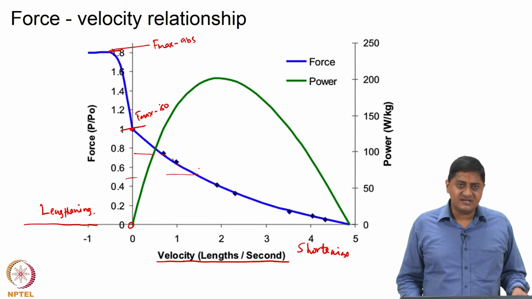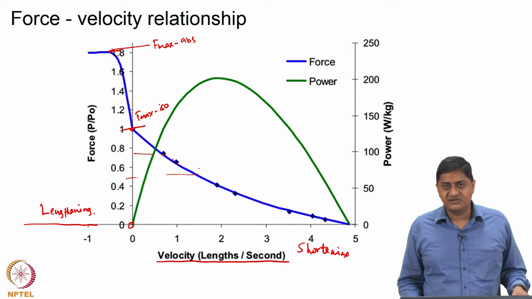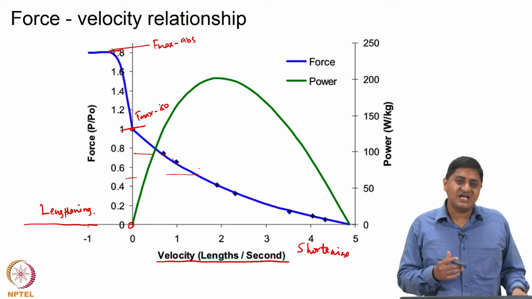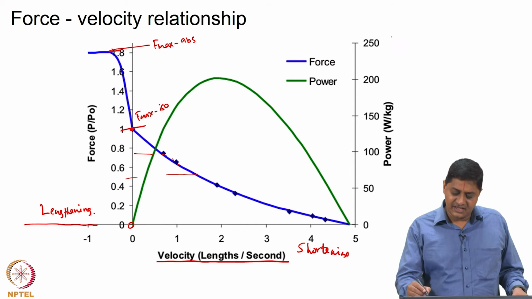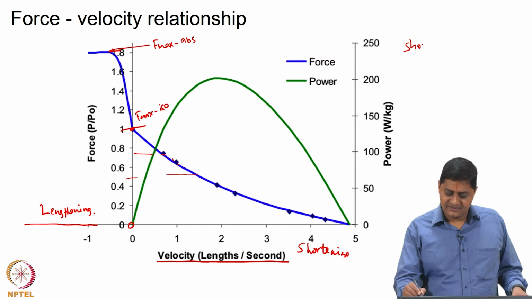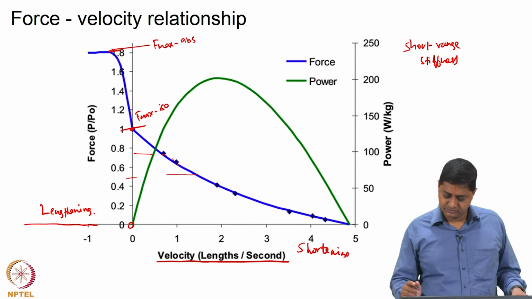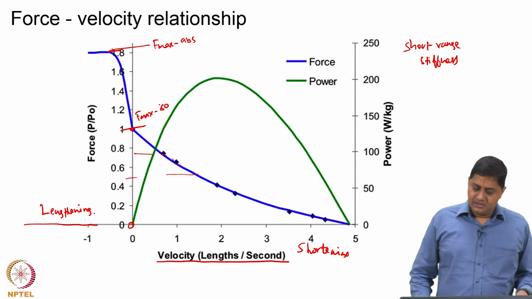In general, if there is an activation before the experiment, there is going to be an increased ability of the muscle to show stiffness, or an enhanced stiffness, but this does not last for a long time after the exercise. So, this increase that is temporary, transient, post exercise is called short range stiffness, right.